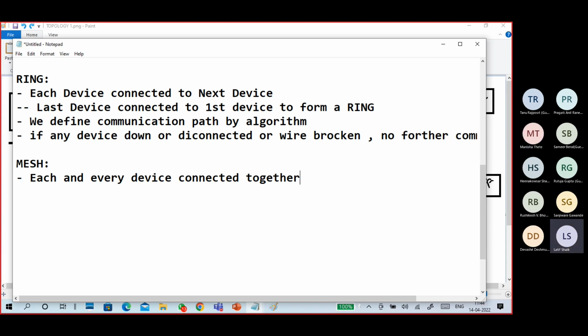How to tell? Each device is connected to all other devices. That is very good. Each device connected to all other devices. Correct. Very good.